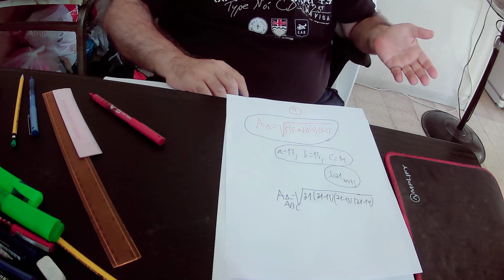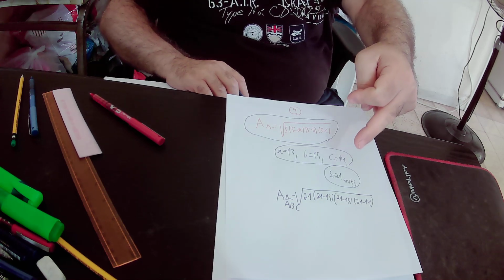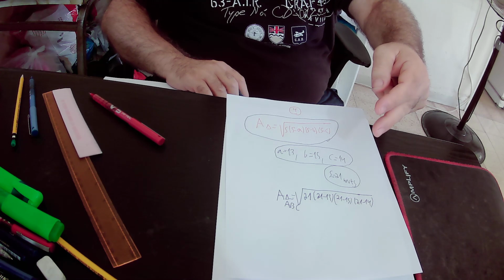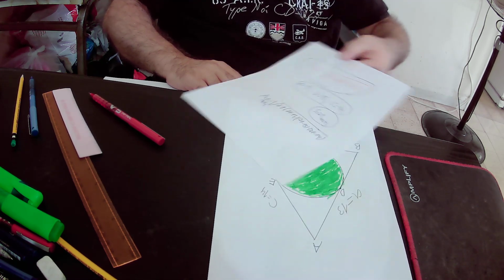21 minus 13 is 8, 21 minus 15 is 6, and 21 minus 14 is 7. So I will write it down.